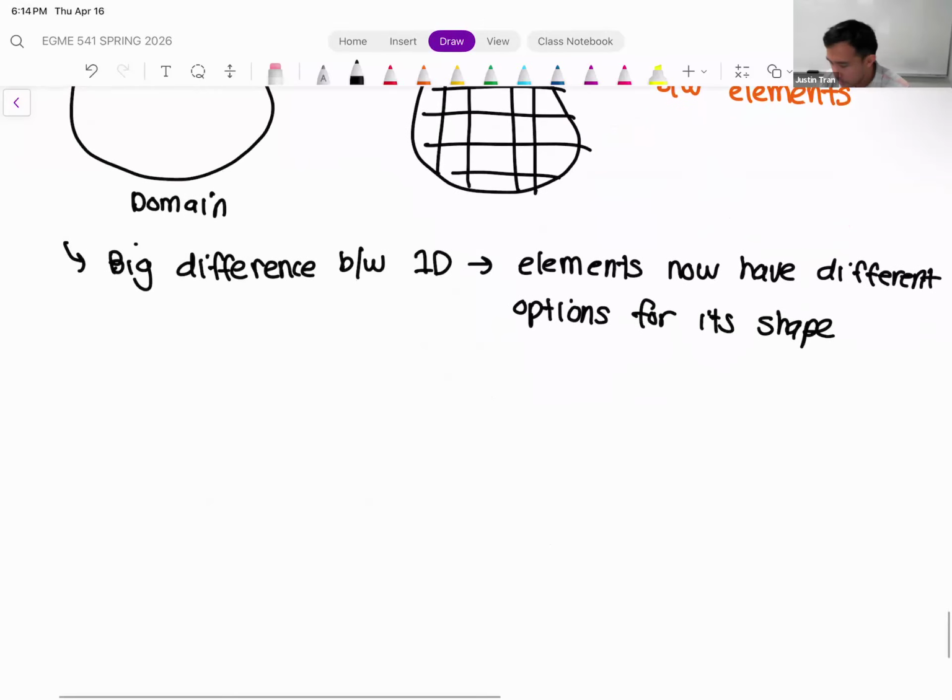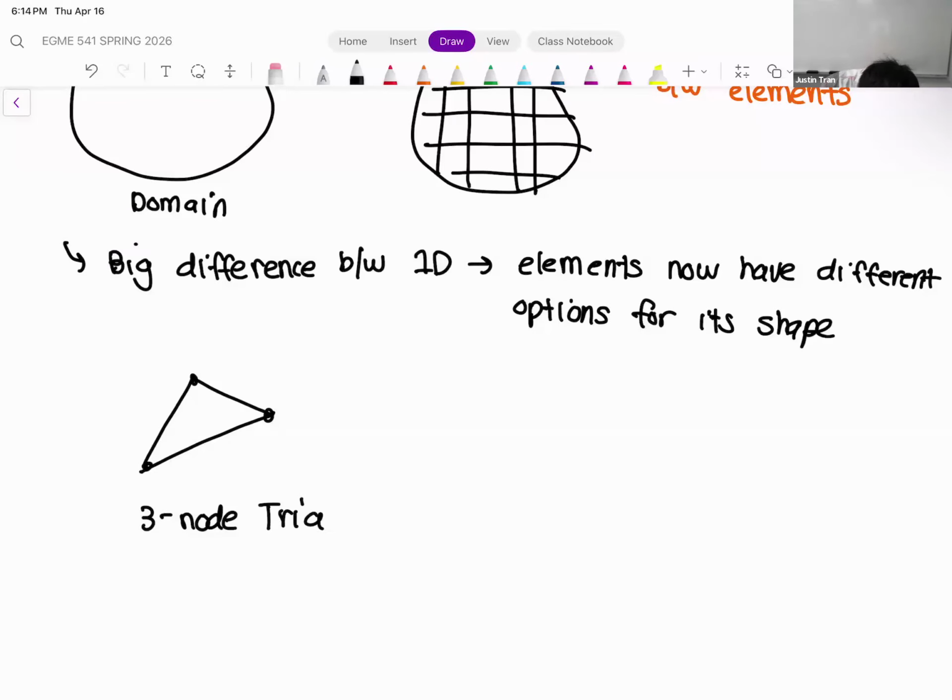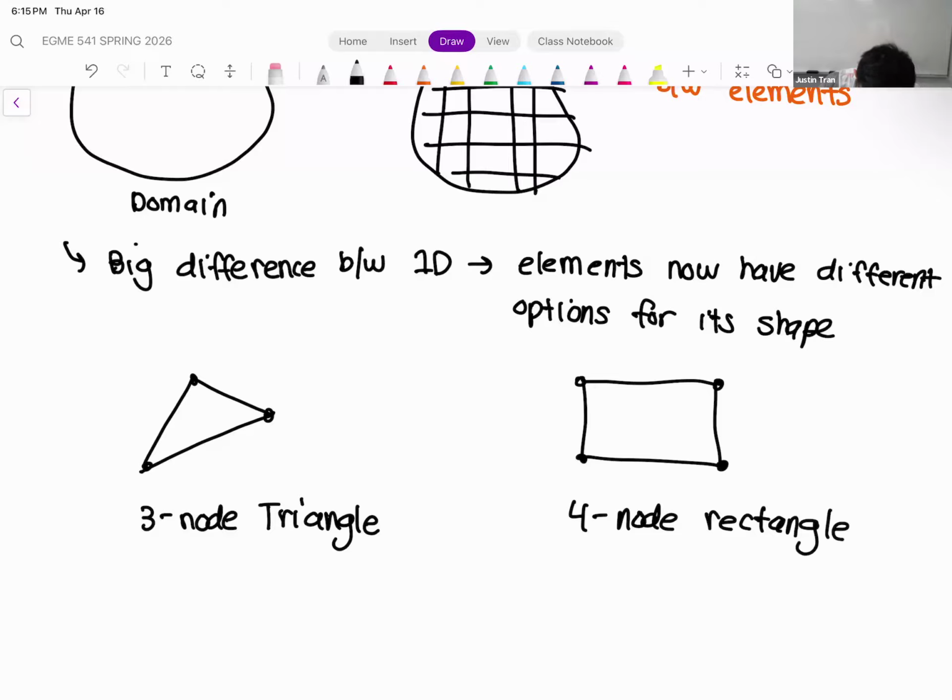The two options that we'll be discussing in this class are the 3-node triangle and the 4-node rectangle. So we'll go through both of them and see what those look like.